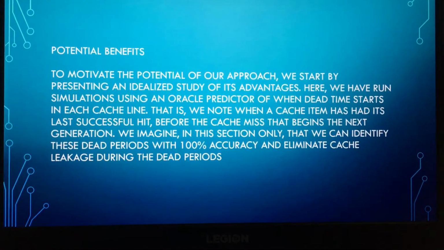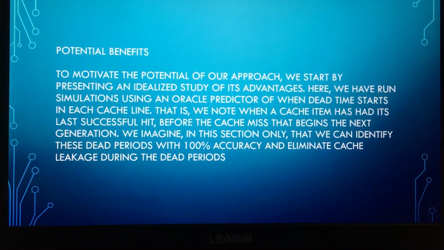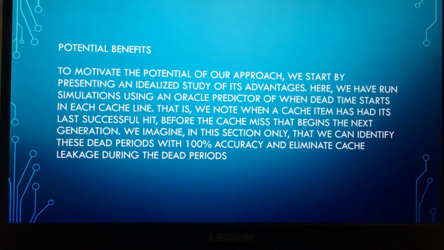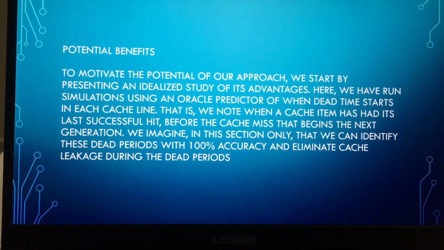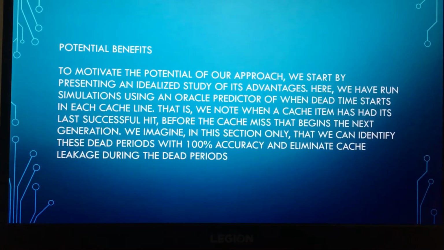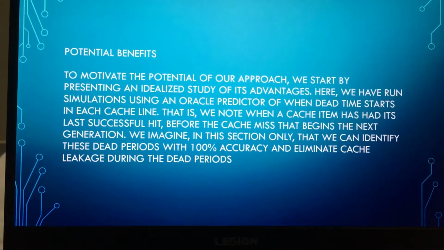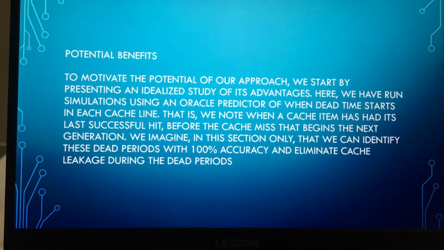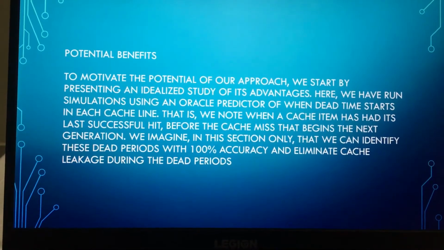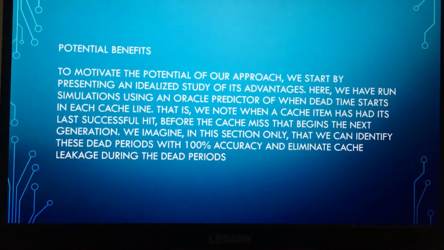That is, we note when a cache item has had its last successful hit before the cache miss that begins the next generation. We imagine in this section only that we can identify these dead periods with 100% accuracy and eliminate cache leakage during the dead periods.